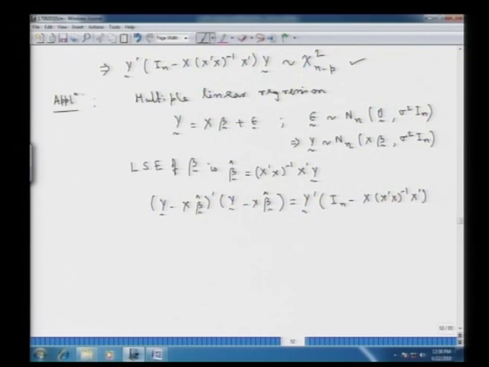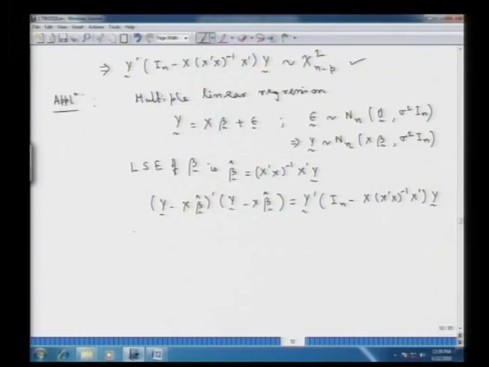So this is a quadratic form, and we are of course interested in finding the distribution of this residual sum of squares. It tallies with the quantity of interest in the problem that we had, so the previous problem's result can be used to derive the distribution of this.